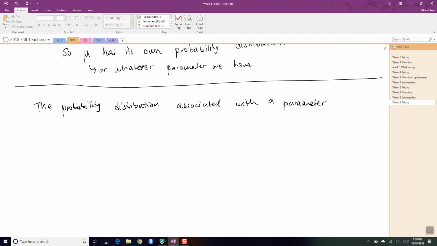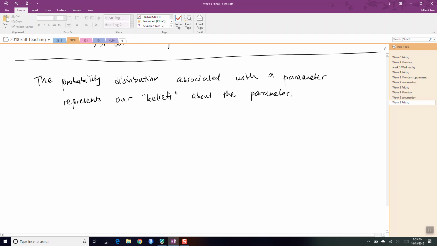The probability distribution associated with a parameter represents our, quote, beliefs about the parameter. Okay, so let's just do a contrast.